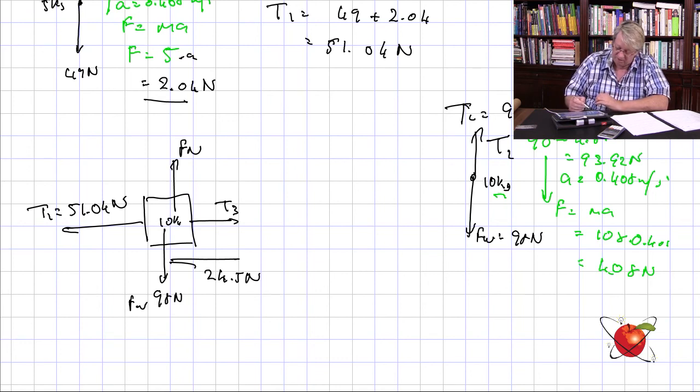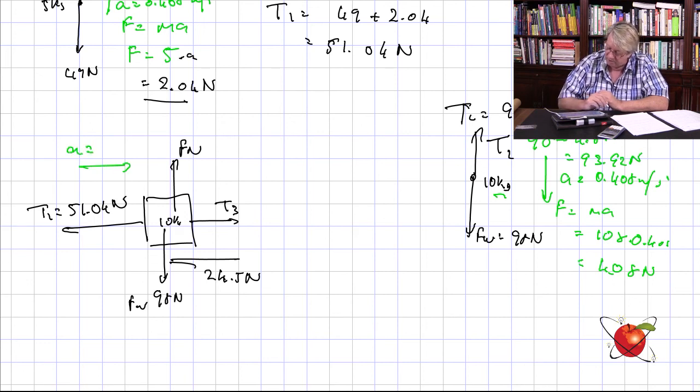So the only thing that we don't know is T3. We do the same trick again. The acceleration this way, a, is equal to 0.408. You've got a, so you say F equals ma straight away. In this case, m was 10, so it's going to be 4.08 newtons, m times a.